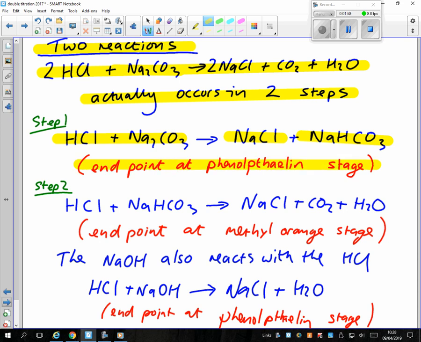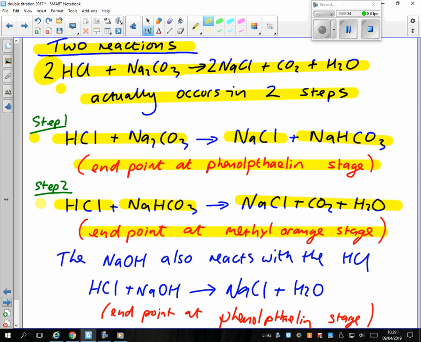The second step of this reaction, a bit like a mechanism which has 2 steps, involves the second molecule of HCl reacting with the sodium hydrogen carbonate produced in the first step to give sodium chloride, carbon dioxide, and water. If I added these two together, you'd end up with what you'd normally write down for the reaction of sodium carbonate and HCl. But that second step occurs at the methyl orange stage.